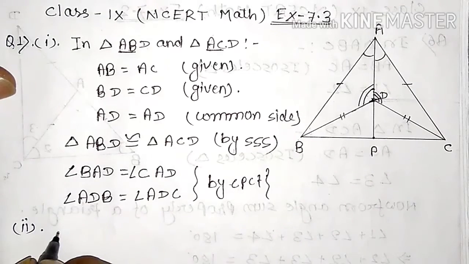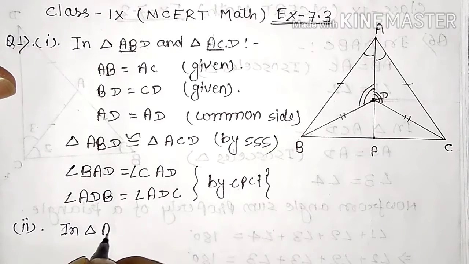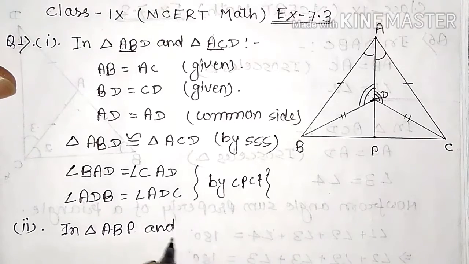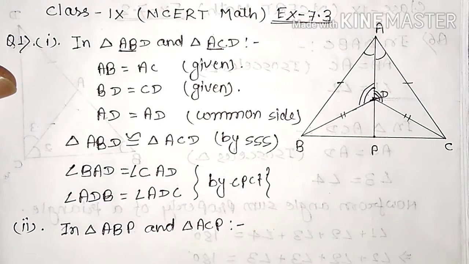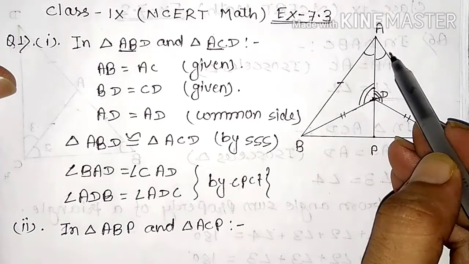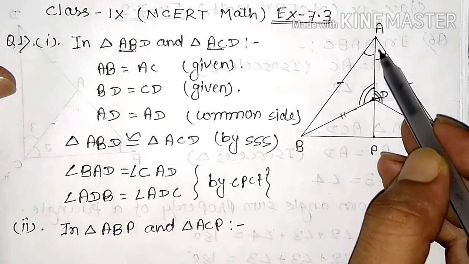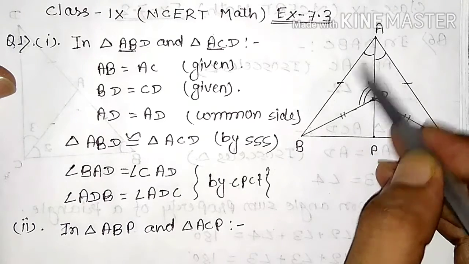Now in triangle ABP and triangle ACP, in both the triangles, what things are given? This side is equal to this side and this side is common.